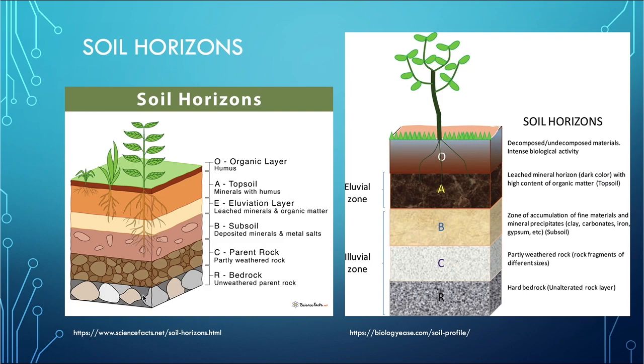So in that case, the way soil is really formed from below and from above, as the bacteria decompose this bedrock material to start with, parent rock is then formed, and then subsoil is formed, slowly being degraded.